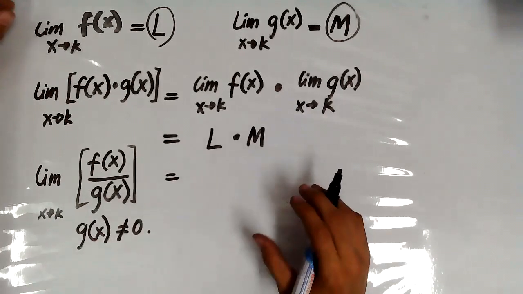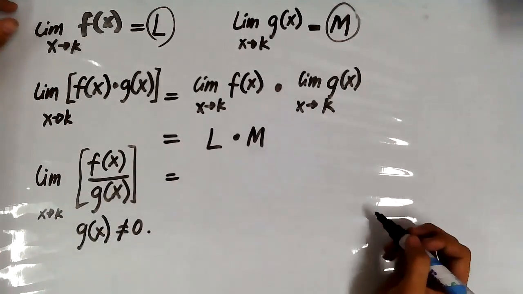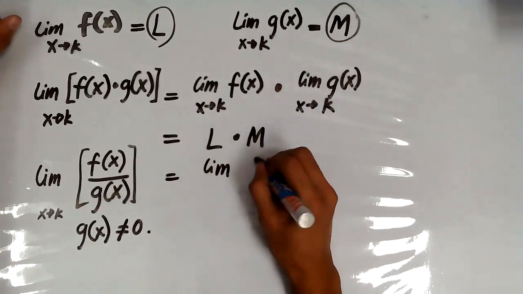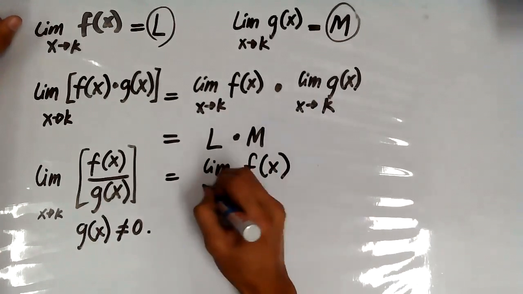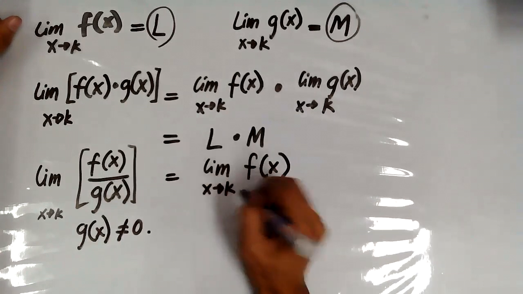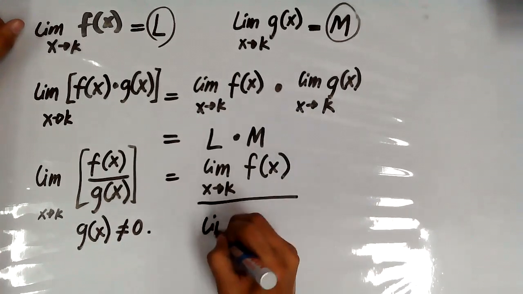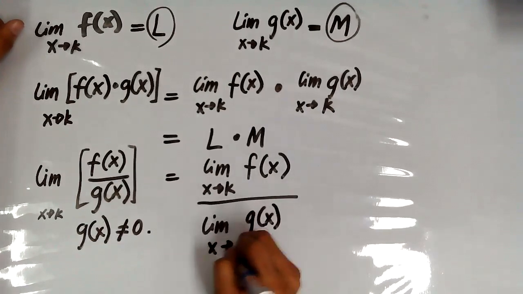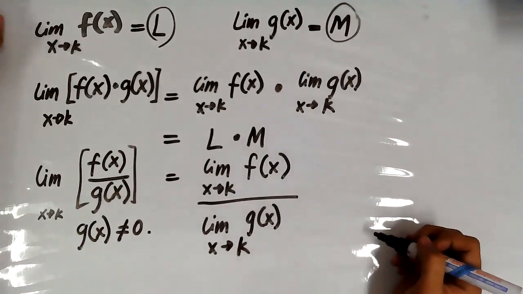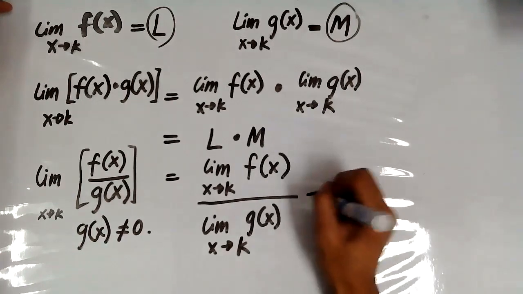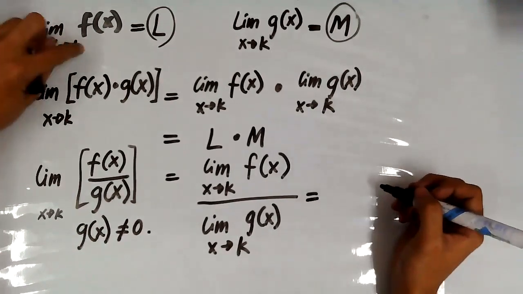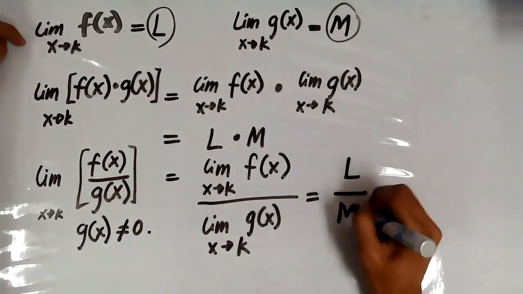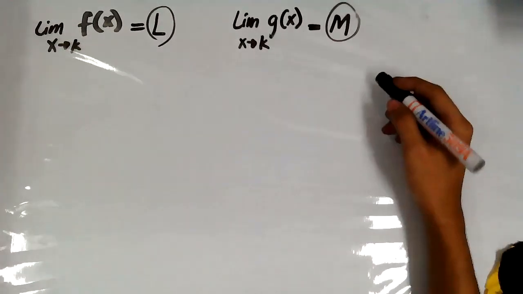You're just going to distribute the limit for f of x and the g of x. So basically, this will become the limit of your f of x as your x approaches k all over the limit of your g of x as your x approaches k. All right. And by substitution of the limits of f of x and g of x, this will become L over M. All right.